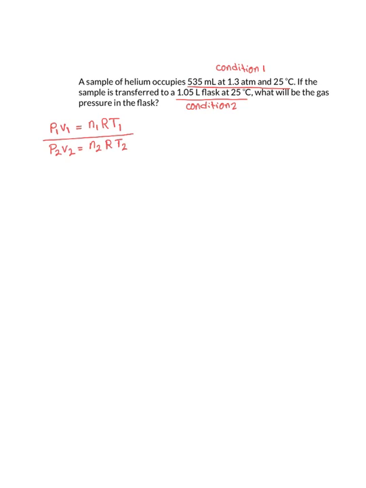R is the gas constant and we can cancel that out. If you read the question, we have in both conditions the same temperature. So that means the temperature is constant.